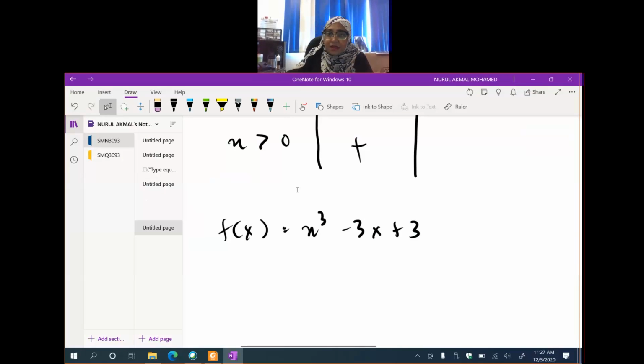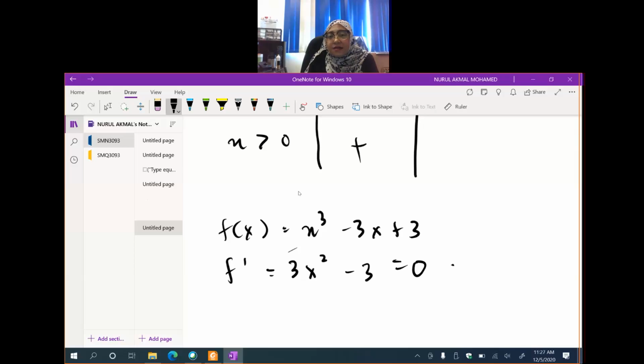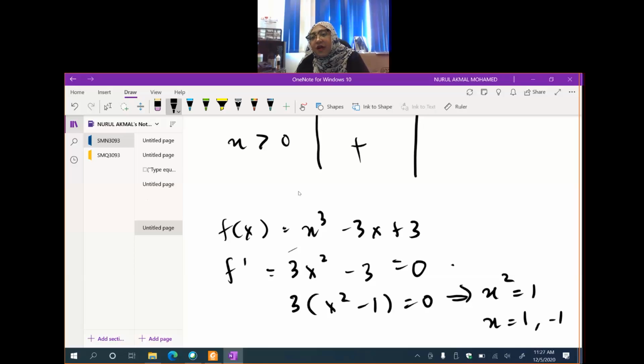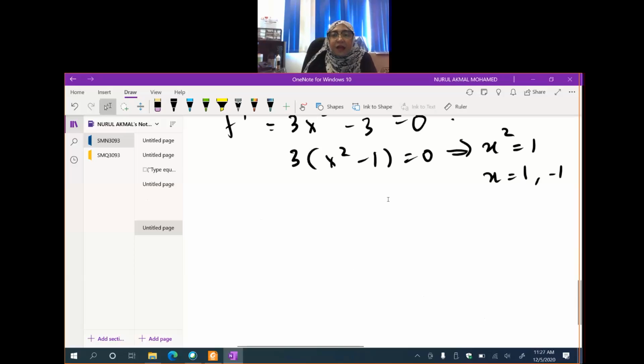For this, you first differentiate, and you get 3x squared minus 3. You let this equal to 0, and then you factorize: x squared minus 1 equal to 0. It gives you x squared equal to 1, and x equal to 1 and -1. It means that there are two critical points.